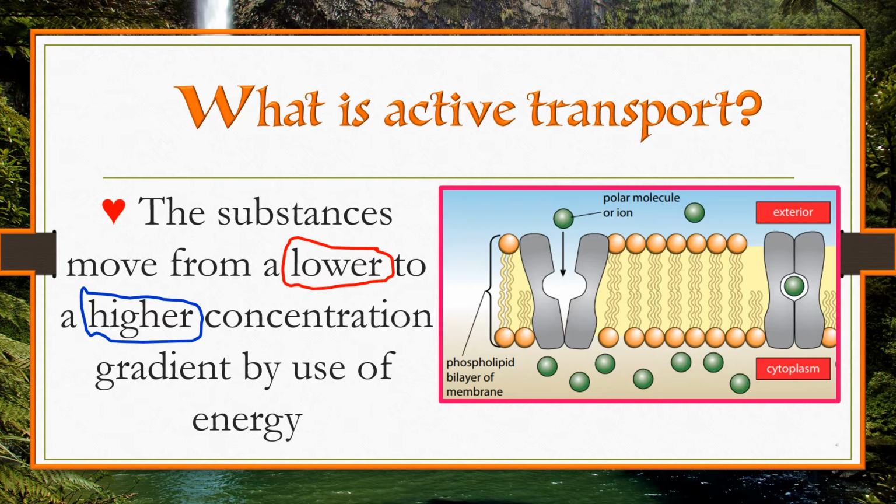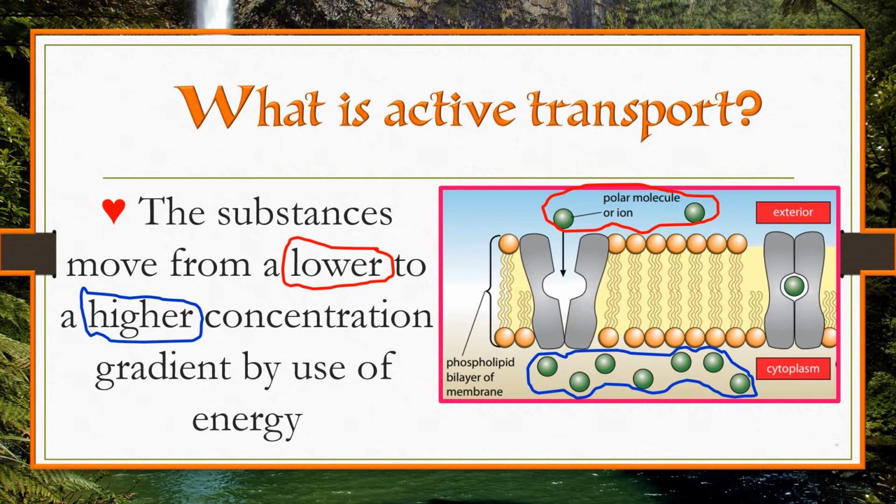As we have seen across our cell membrane, the exterior has a lower concentration of polar molecules or ions, and the cytoplasm inside the cell has a higher concentration.